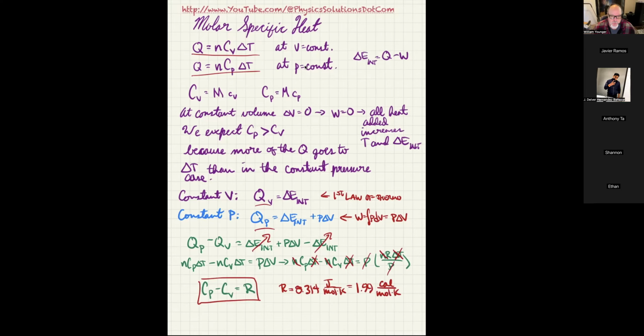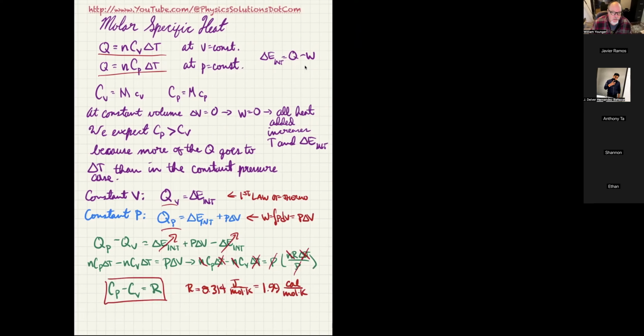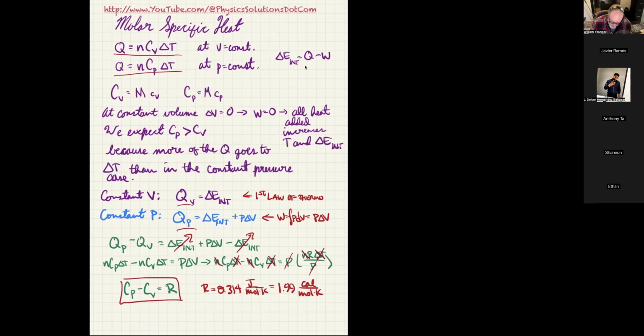Now let's look for what we can figure out about CP and CV themselves. So if I go ahead and start from delta E internal is equal to QV, I'll start on the next page. So delta E internal is equal to QV.